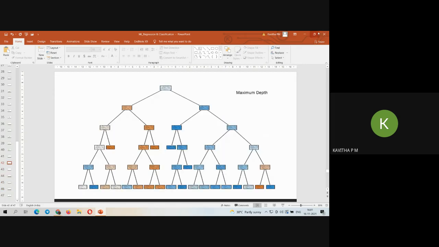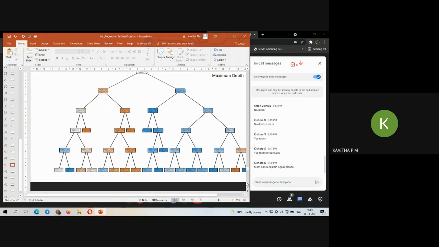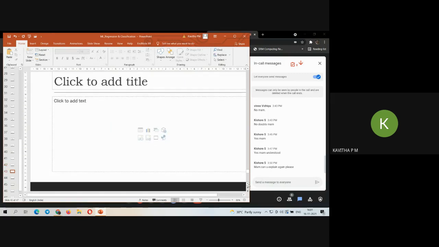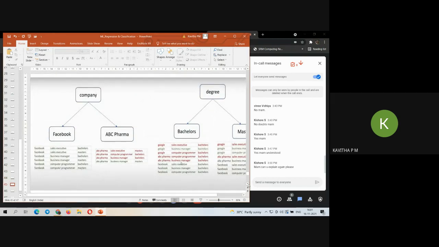guys, are you clear with this? Yes, ma'am. Which one, Kishore, do you want me to explain? You want me to explain that entropy concept? I guess you want me to explain regarding entropy.